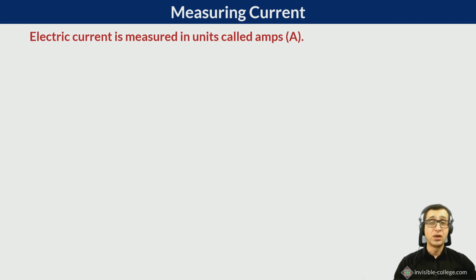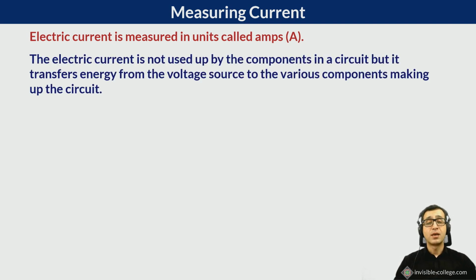As we saw before, the amount of charge which flows past a fixed point on one side of an electrical device like a bulb is the same amount of charge that flows past the fixed point on the other side of that bulb. The electrons don't disappear and they don't appear from nowhere in the circuit. So the electric current is not used up by the components in a circuit, but it transfers energy from the voltage source, the power supply, to the various components making up the circuit.